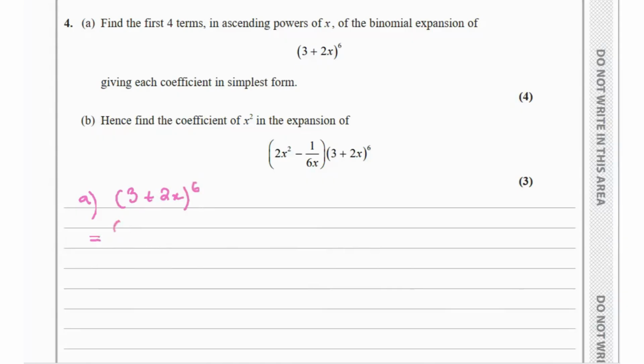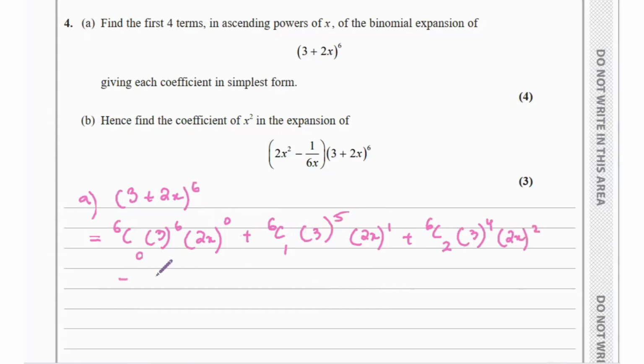That's going to be 6c0 times 3 to the power of 6 times 2x to the power of 0 plus 6c1 times 3 to the power of 5 times 2x to the power of 1 plus 6c2 times 3 to the power of 4 times 2x to the power of 2 plus 6c3 times 3 to the power of 3 times 2x to the power of 3. So these are the first four terms.